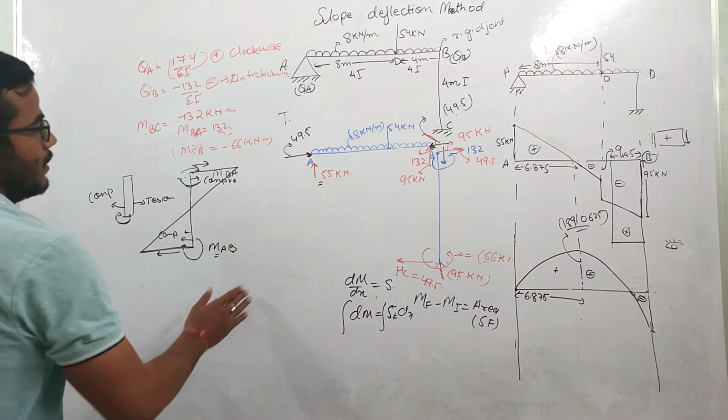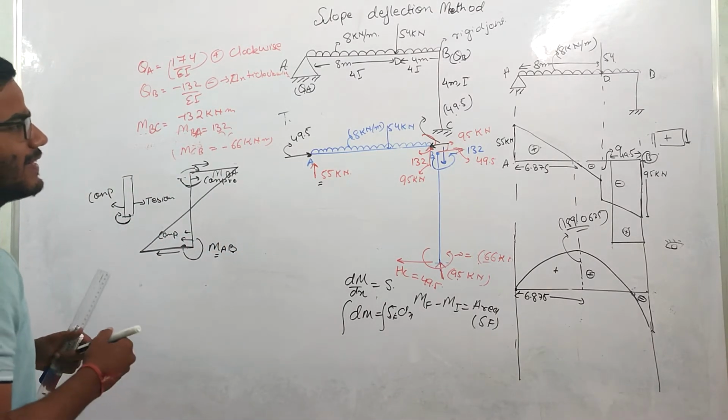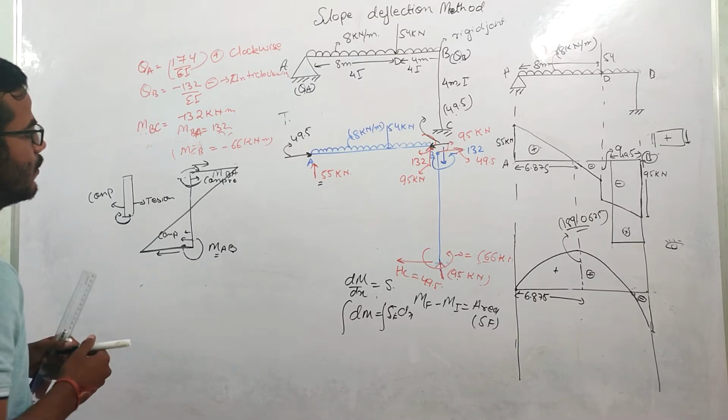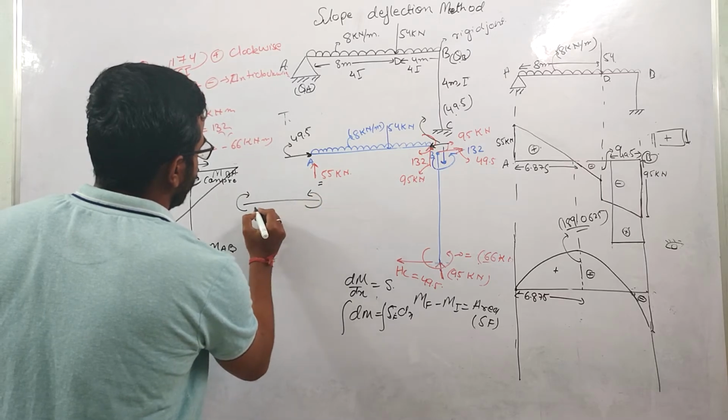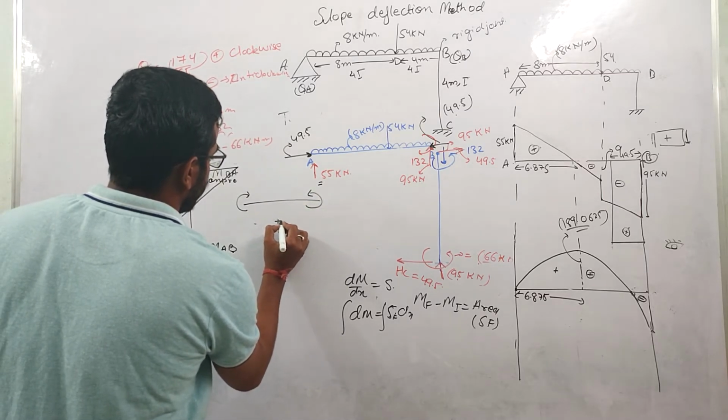In horizontal members, it is easy to define sagging and hogging.